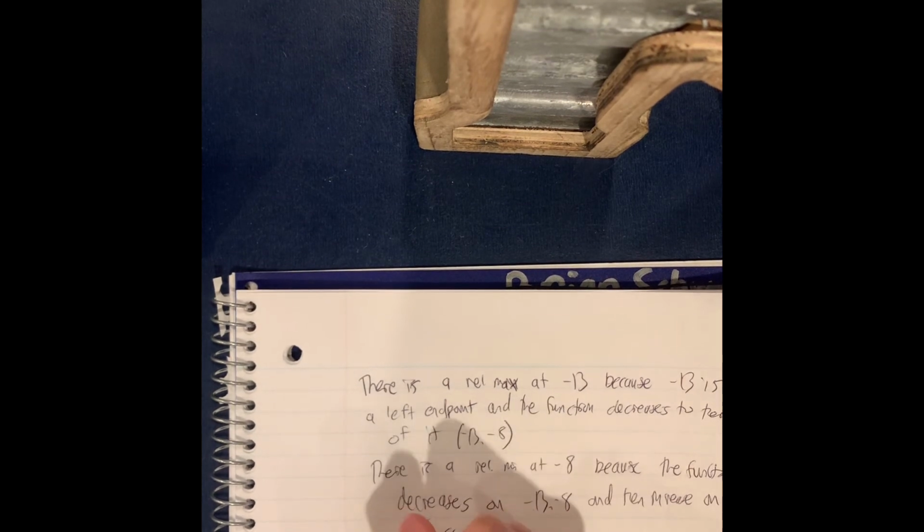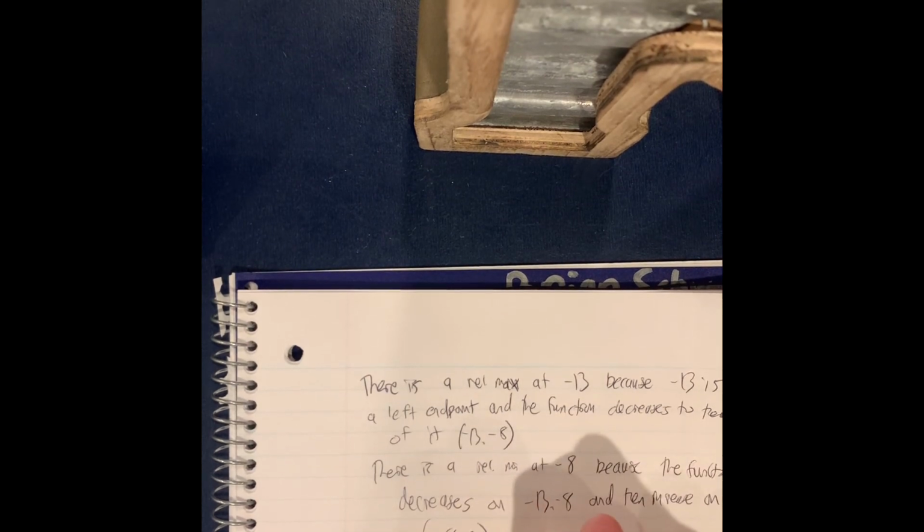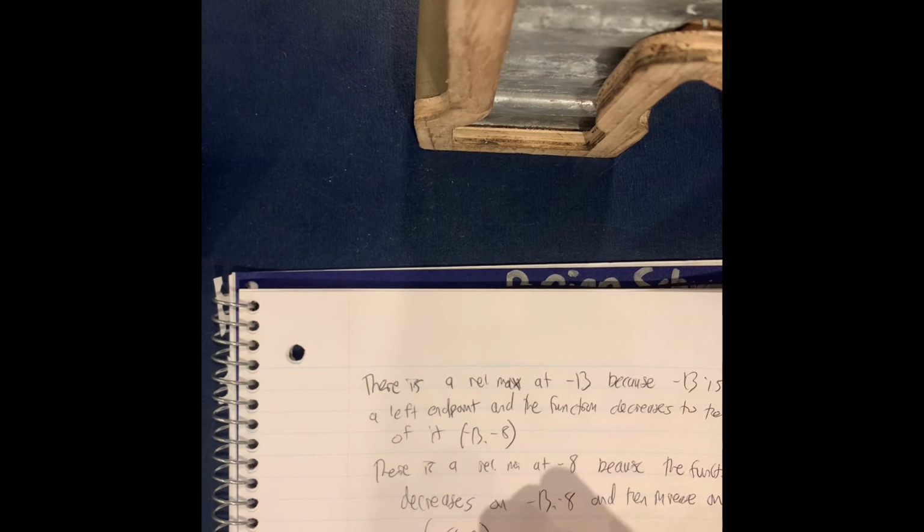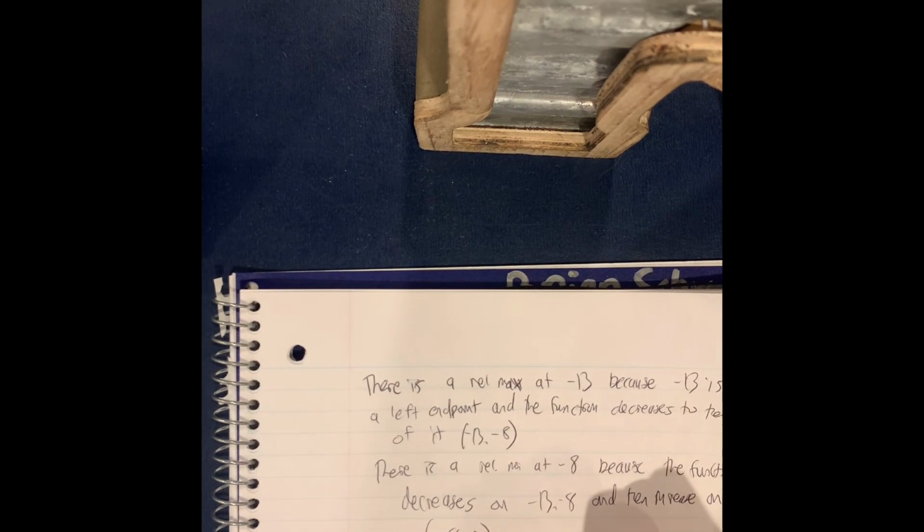Now moving on, there is an absolute maximum at 3 because, and I'm just going to say because f prime changes signs from negative 8 to 3 and then from 3 to 12.